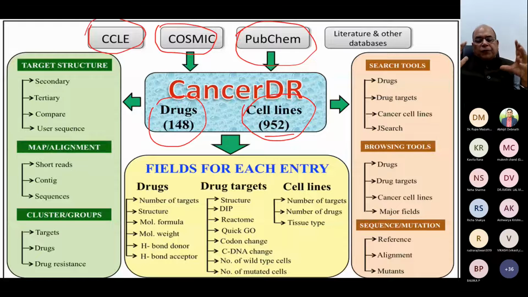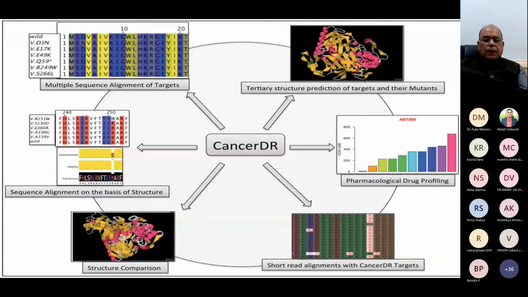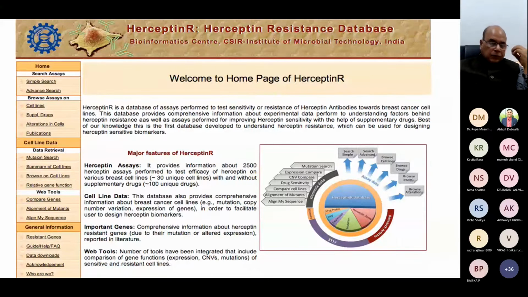So all types of information have been collected and compiled in this database. This is the first database for maintaining the information about cancer drug resistance. It provides the structures of all targets and their mutation information. The complete information is available here.